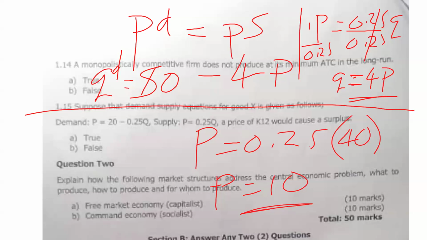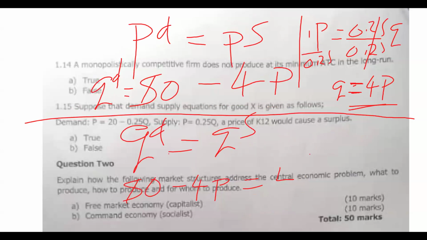We are solving for price, making price the subject of the formula, so that you can have 8p equal to 80. You divide through by 8 so that p is equal to 10. You've seen that it gives the same answer, whether you use the inverted functions or the ordinary functions.